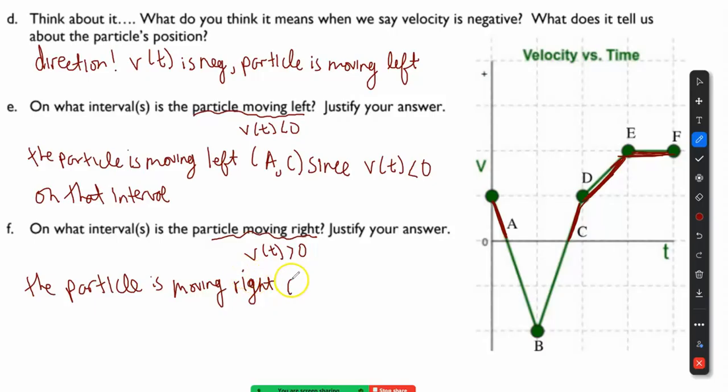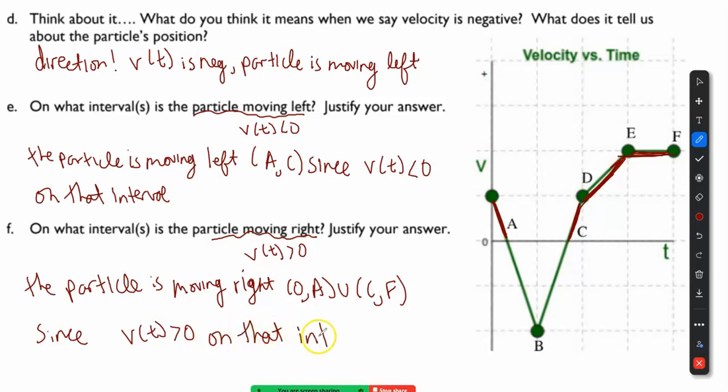So it's moving right, 0 to A, and C to F, since my velocity is positive on that interval. So we can think about the relationship between the first derivative, second derivative, and the original, and use that to think about the relationship between position, velocity, and acceleration. And when velocity is positive, it's moving right, and when velocity is negative, the particle is moving left.